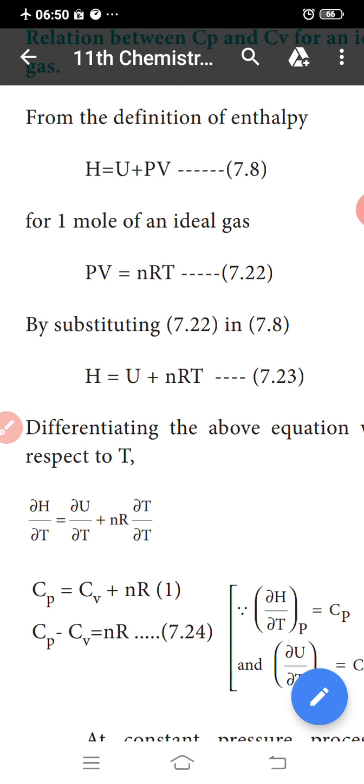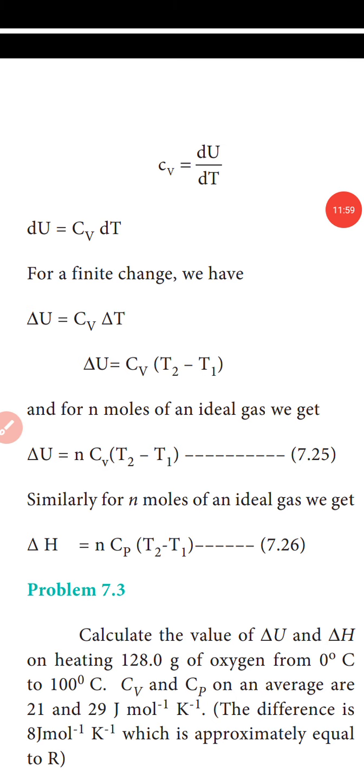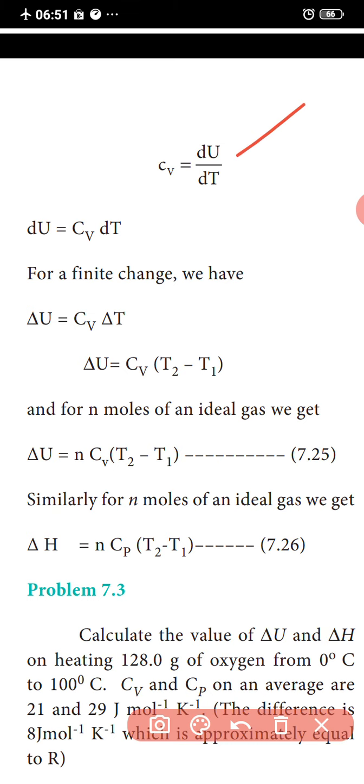The next one, discuss calculations of del U and del H. For 1 mole of an ideal gas, we have Cv is equal to dU by dT. So dU is equal to Cv dT.